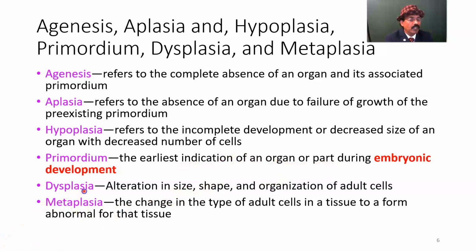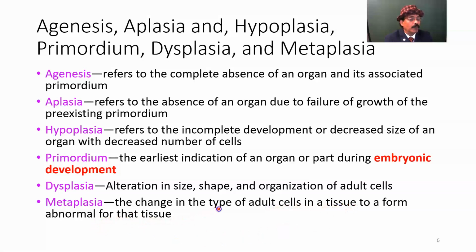Dysplasia, metaplasia: I have another video about these two in detail. You have a chance to read them if you like. Dysplasia means alteration in size, shape, and organization of the adult cell, mostly seen in the cervix, uterus, maybe even in lung cancer. Metaplasia is a change in the type of adult cell in a tissue to a form abnormal for that tissue.